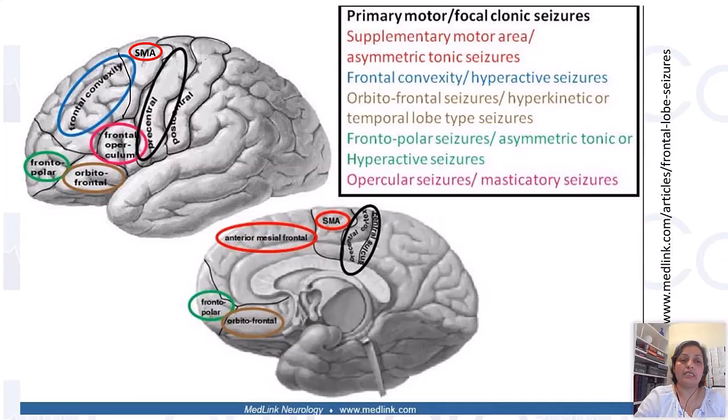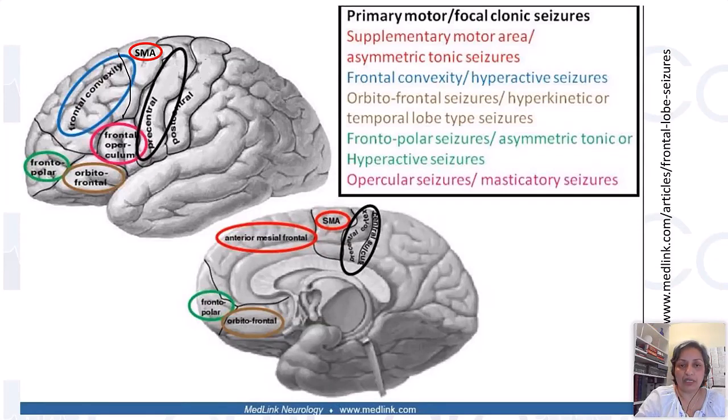Here is the supplementary motor area. So any seizures that are originating from the primary motor, the precentral gyrus, they are of focal clonic nature. From the supplementary motor area, they are asymmetric tonic seizures. The frontal convexity is producing hyperactive seizures.